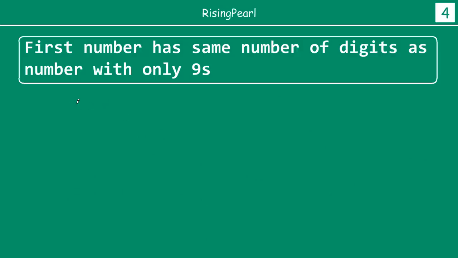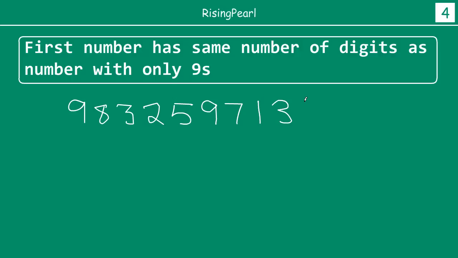So let's maybe take one last, because we're doing so many of them. Let's try really big numbers. So how about we go 9, 8, 3, 2, 5, 9, 7, 1, 3, 3, what do you want? Maybe we go 7. Huge number, right?